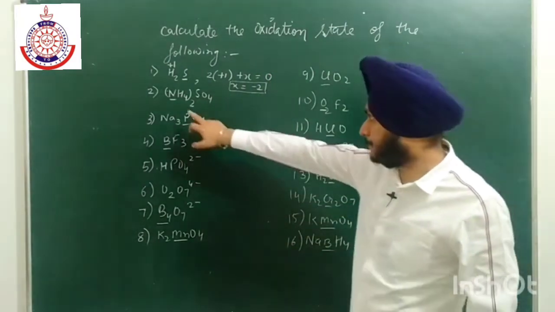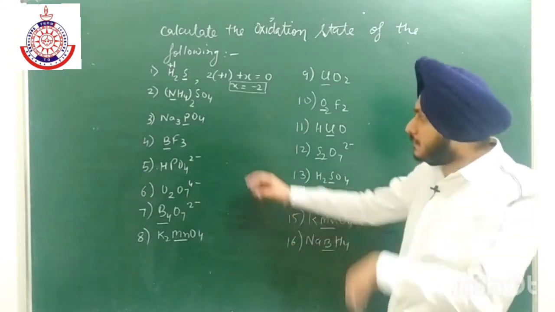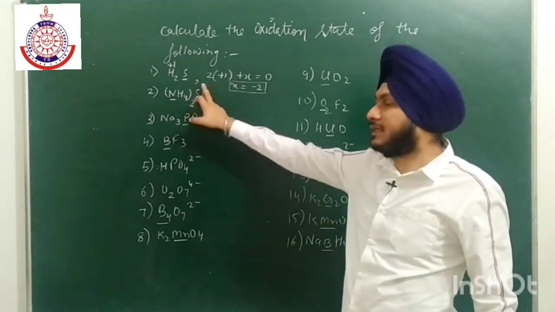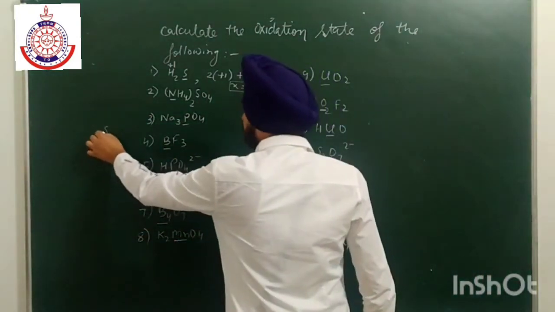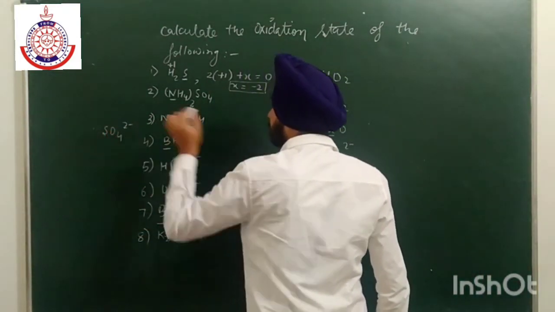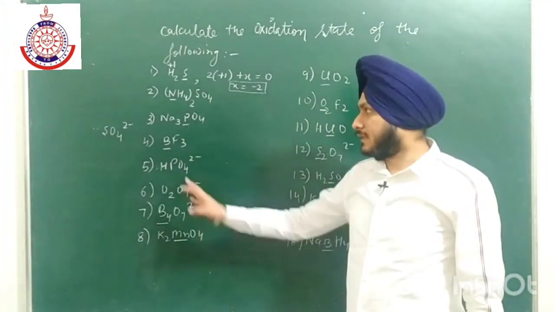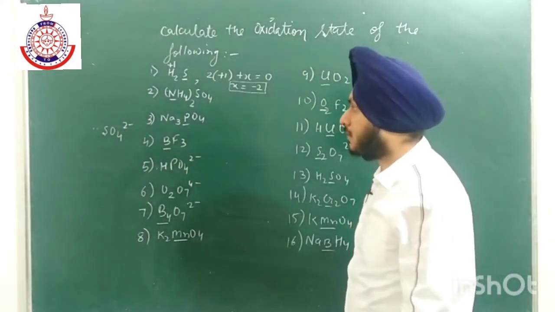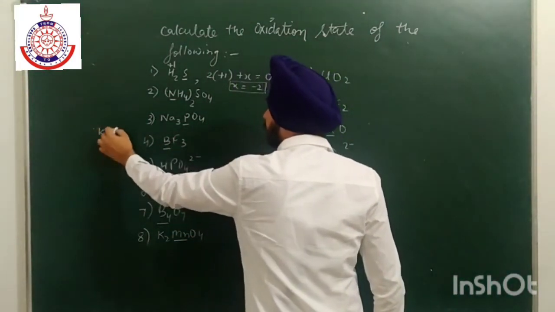Now in this case, the oxidation number of nitrogen. Here SO4 has a -2 sign over it. You have to keep in mind that SO4 is always -2. This is calculated from a compound, for example K2SO4.